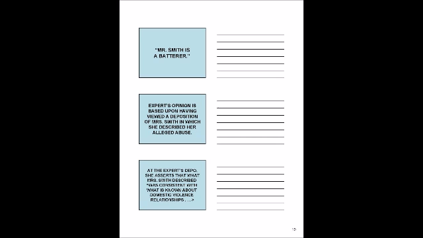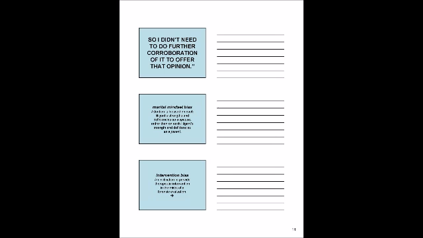At the expert's deposition, she asserts that what Mrs. Smith described was consistent with what is known about domestic violence relationships. So I didn't need to do further corroboration of it to offer that opinion. So here's an evaluator who's telling you at a deposition, I don't even need to know anymore, as opposed to, it would be nice if I knew more, but more information's not available to me, or the person's not available to me.